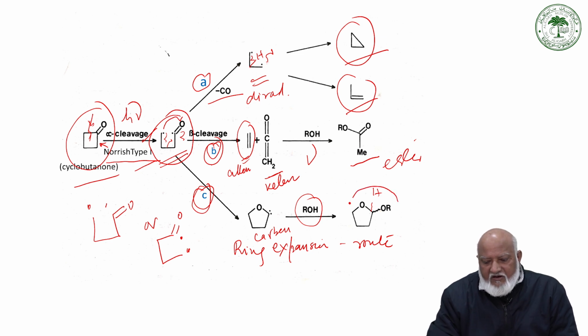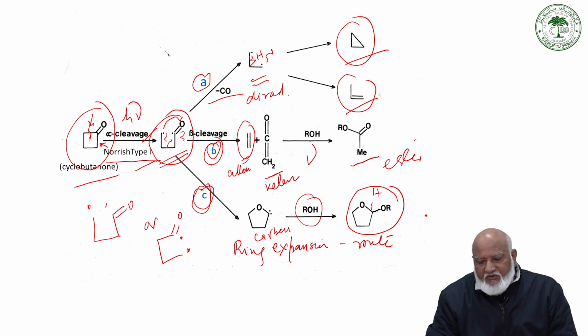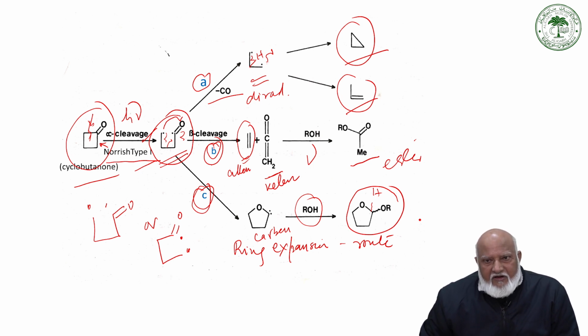The ring expansion products: cyclobutanone is going to give you a 5-membered oxygen containing product, and this is again extremely important from a synthetic point of view, because the oxygen which is a part of the carbonyl is now a part of the ring system.